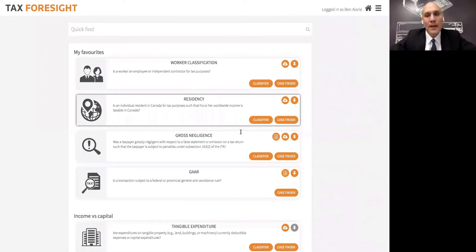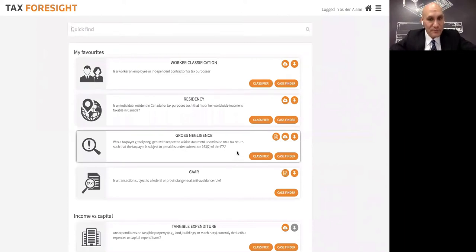go to court. The gross negligence classifier is something that we developed by special request of a number of folks after we launched Tax Foresight a year ago. They said, Ben and others at Blue Jay, this is an amazing technology.